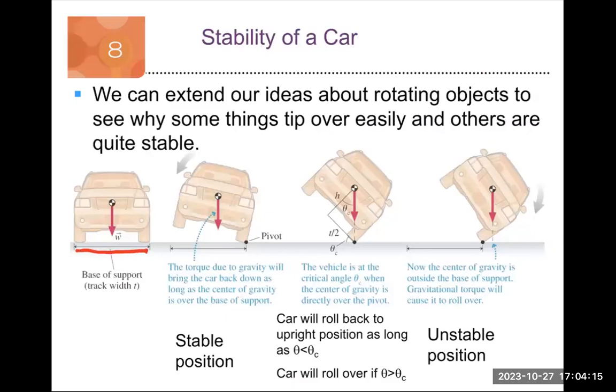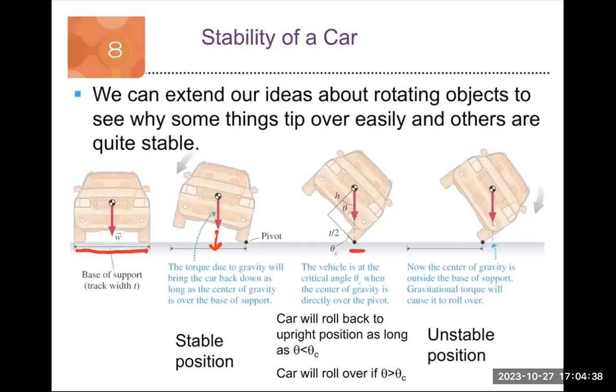gravity is going to bring the car back down as long as that center of mass is still over the base of support. We get to our third picture and we're approaching that critical angle where we're now directly over our pivot point.